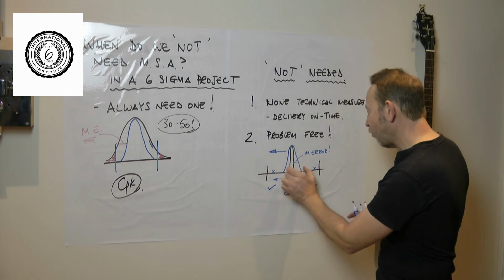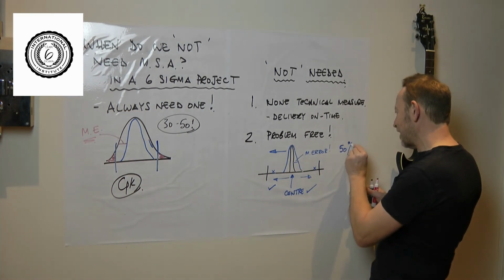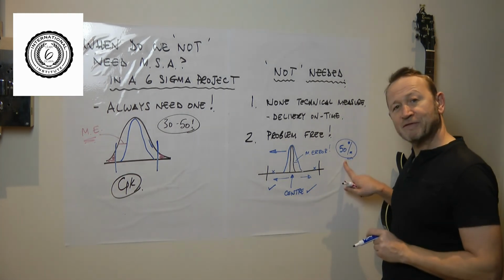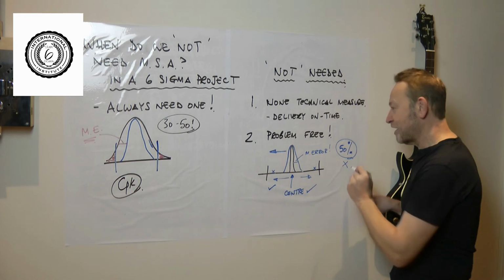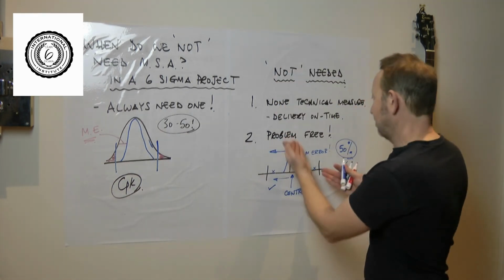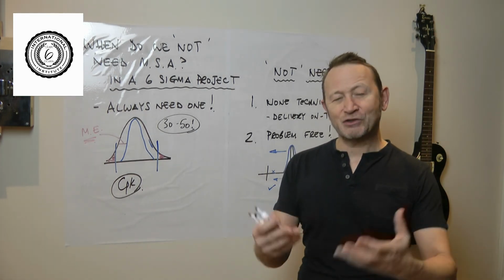Now, if I did a formal MSA, there's a good chance 50% of all the variability that I'm seeing is coming from the measurement system. That would tell me to go and work on that measurement system and improve it. It's not causing me any problems. It's actually not causing me a problem.